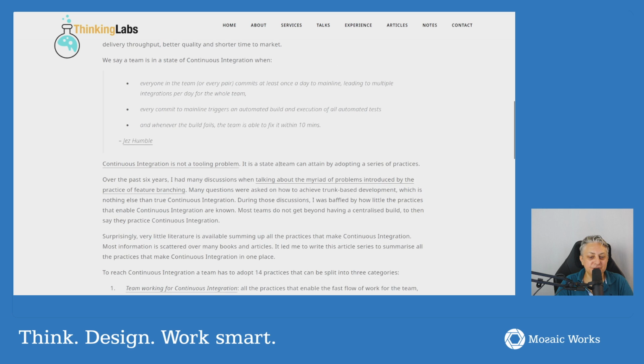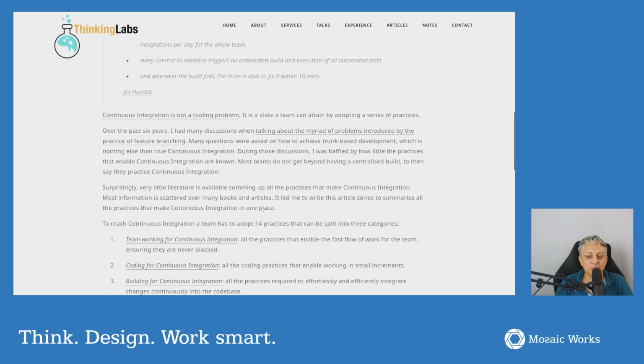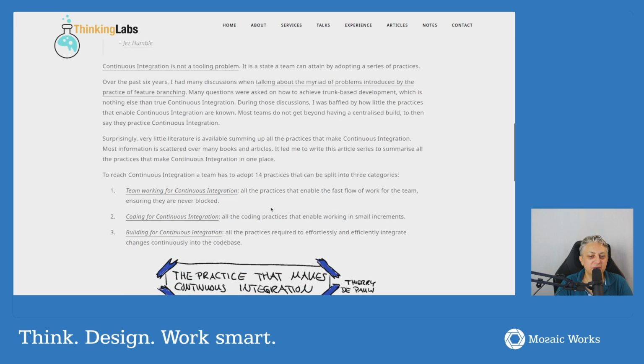Continuous integration is not a tooling problem. It is a state a team can attain by adopting a series of practices. Over the past 6 years, I had many discussions when talking about the myriads of problems introduced by the practice of feature branching. Yeah, and this is where we kind of diverge. I don't think feature branching has anything to do with continuous integration.